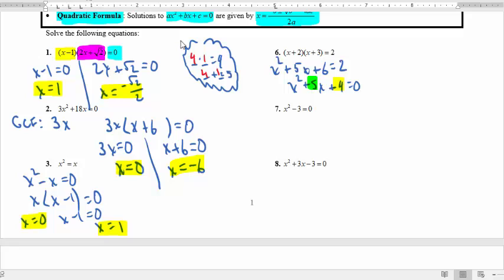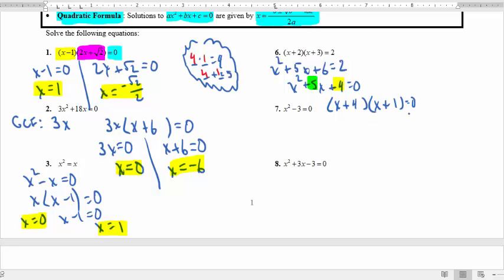Right? So in the case of these x squared plus bx plus c ones, the minute we find that magical pair, we just know what our factored form is going to be. Our factored form is going to be x plus that first number we found, times x plus that second number we found.